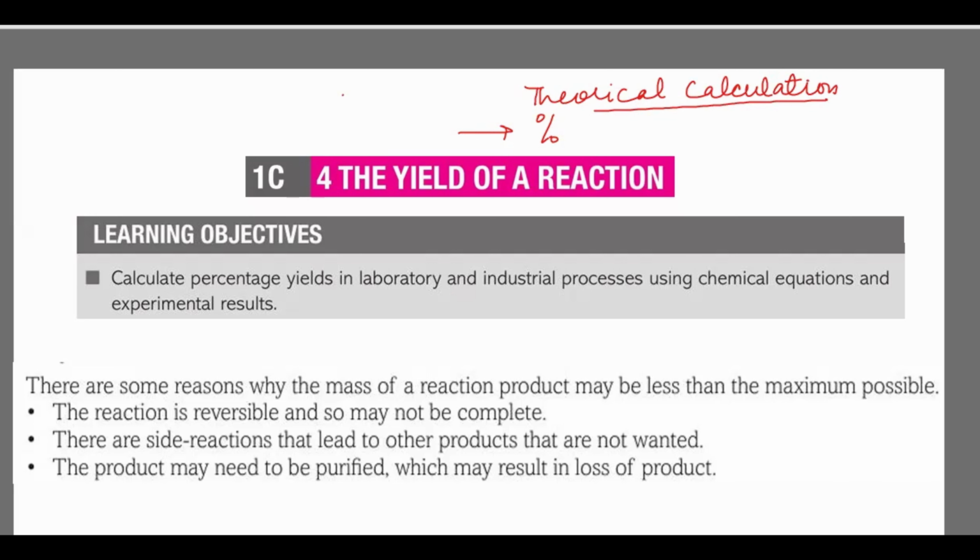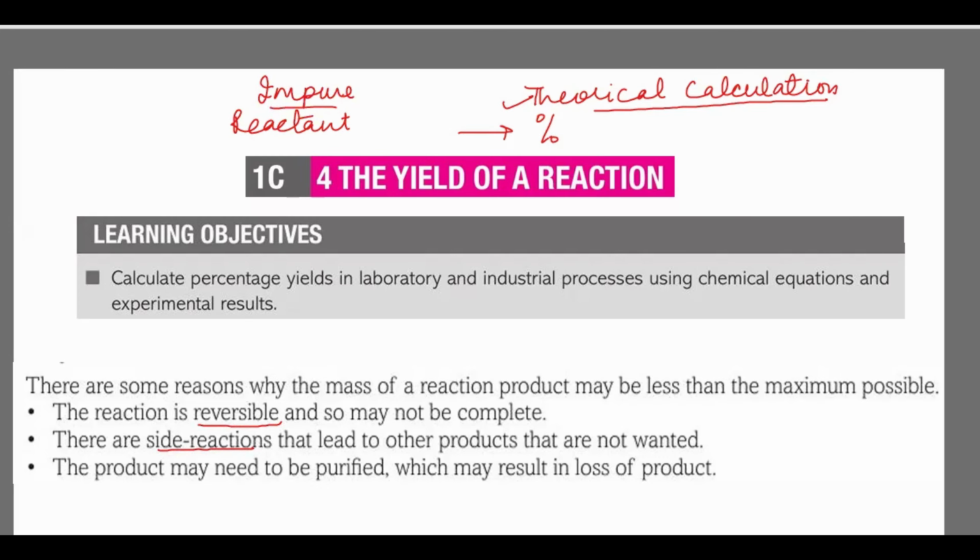The amount of product is definitely less than the theoretical calculations, maybe because of a reversible reaction, or maybe there are some side reactions, or maybe the reactants we are taking in the reaction are impure.